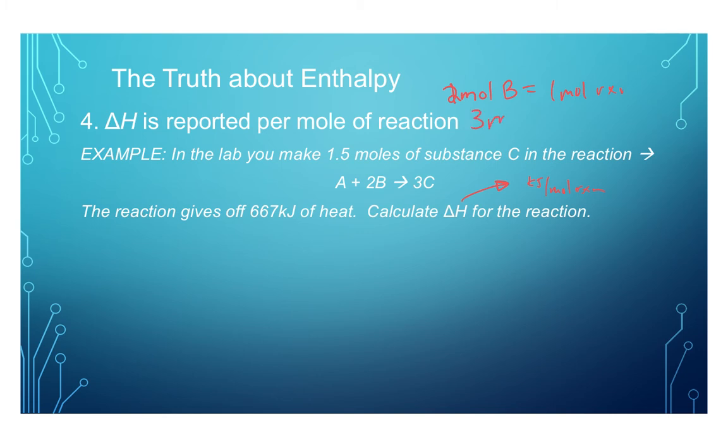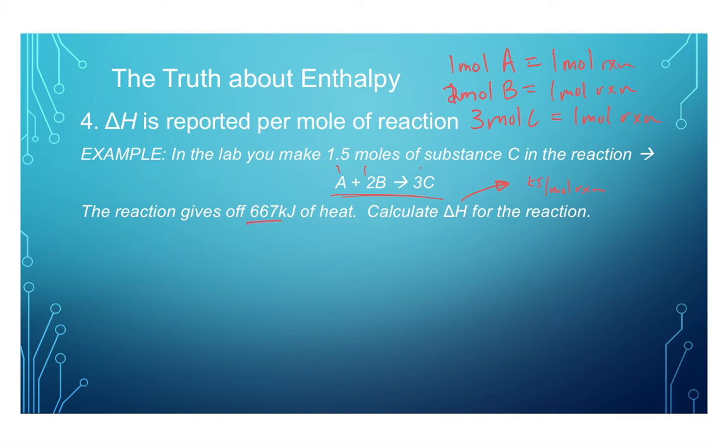And 3 moles of substance C is what's going to be produced in 1 mole of reaction for this particular reaction. Based on that, the number of moles of the substance, the coefficients, are going to equal 1 mole of reaction as a conversion factor.